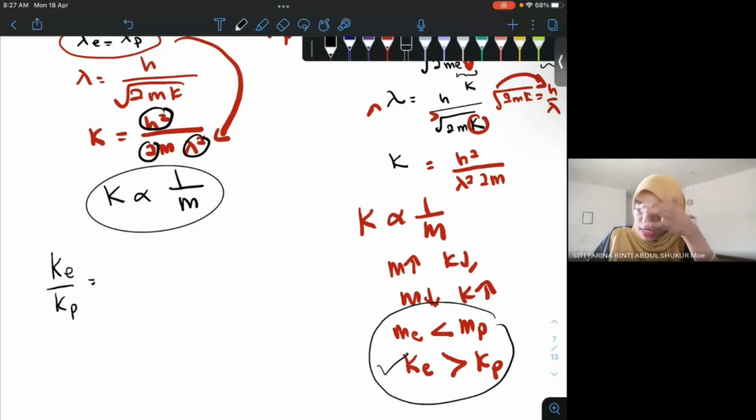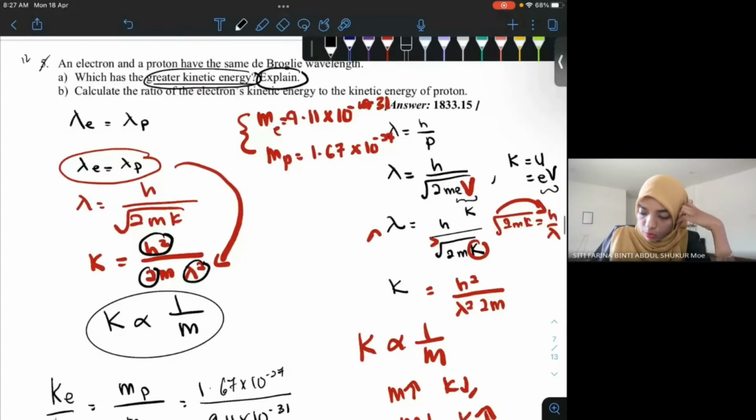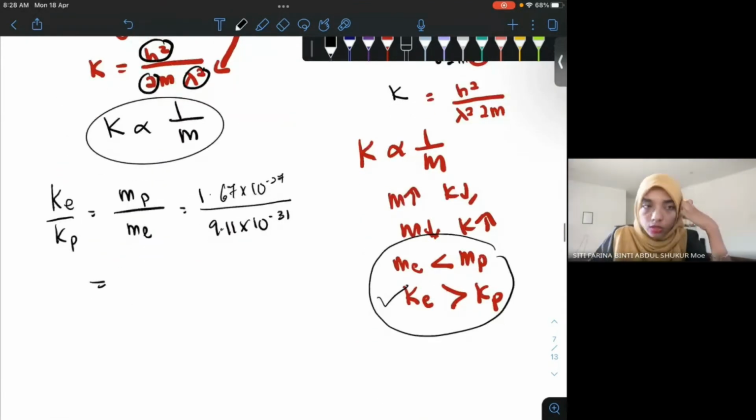So kalau kita nak cari KE over KP, dia akan jadi mass of proton over mass of electron. Mass of proton adalah 1.67 times 10 to the power negative 27. Mass of electron adalah this much. So kita akan tekan calculator and dapat jawapan yang diberi itulah.